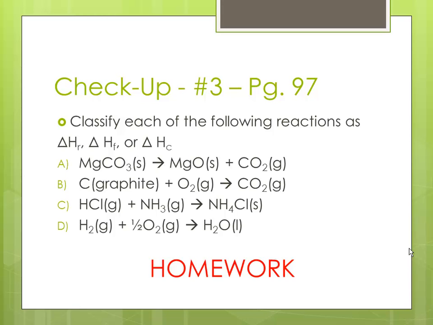Hydrogen plus oxygen making water. And there are multiple answers for these that you could answer with. So make sure you include all possible enthalpy changes for each one that can have multiple answers.